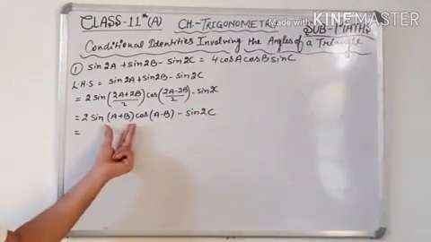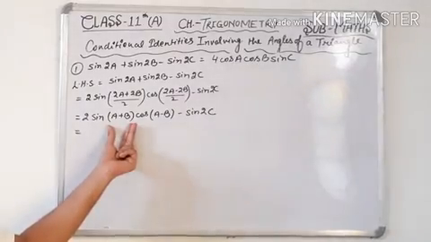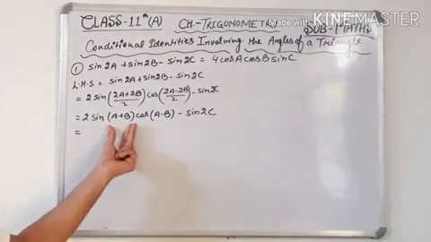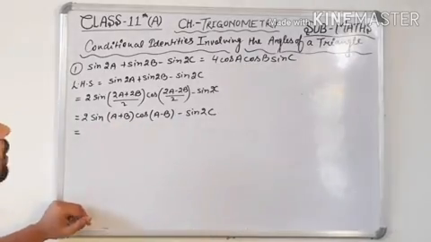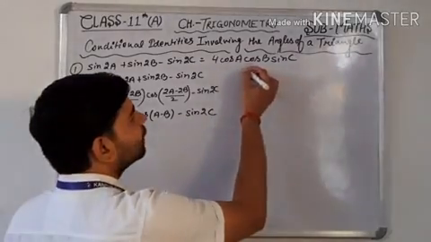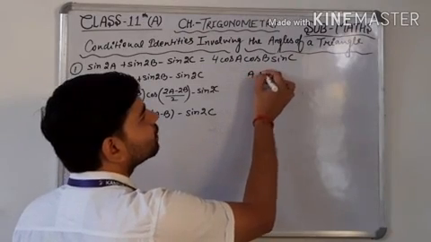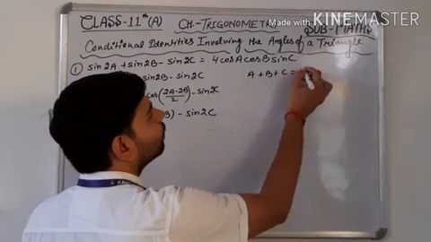Now we have to transform this A plus B into the terms of C, as it is given that A plus B plus C equals pi.